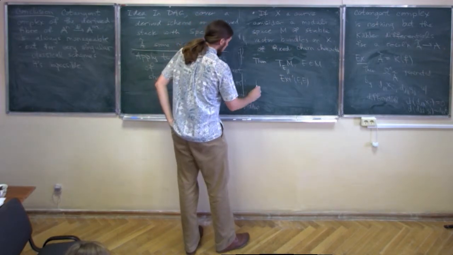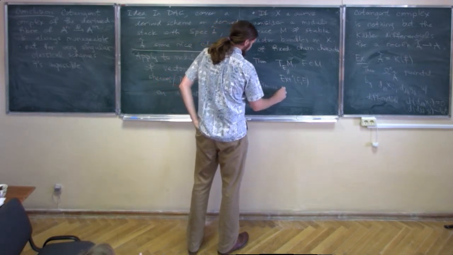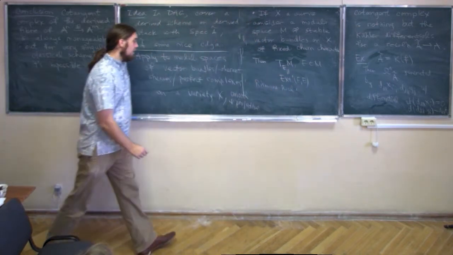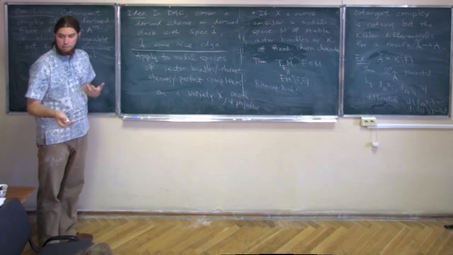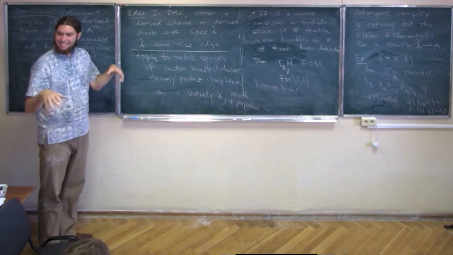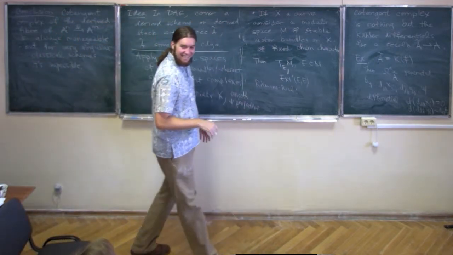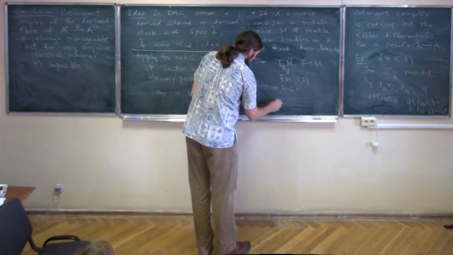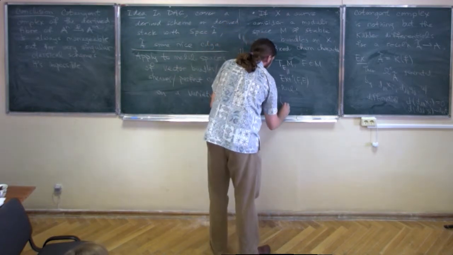And so Riemann-Roch tells us something. Riemann-Roch tells us how to compute the Euler characteristic of vector bundles in terms of their Chern characters. Okay, so I can compute the Euler characteristic of an endomorphism bundle.